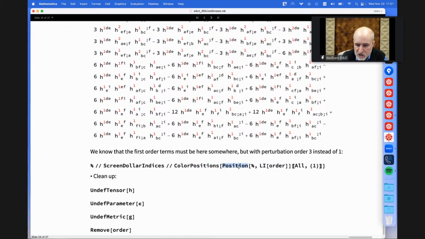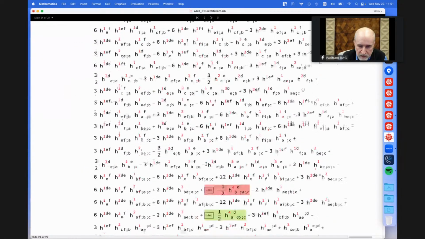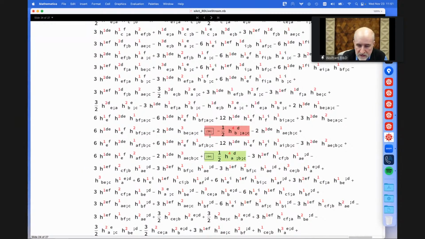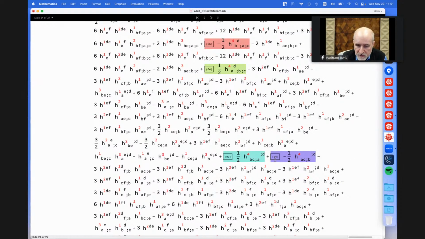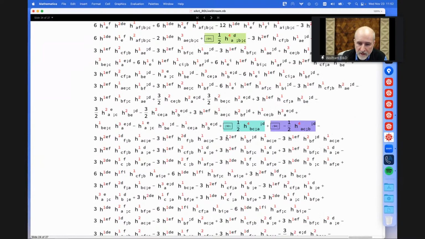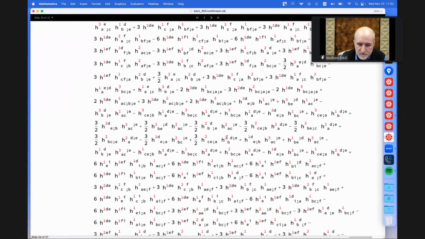So we look for the positions of something that contains LE4, and we just color those positions. So we do that, and now we look, and here they are. You see, at position 56 we have one, position 64 we have the other, and positions 93 and 94 we have the other 2. Exactly the same 4 terms of linear order hidden here, but for order 4. That's very useful.